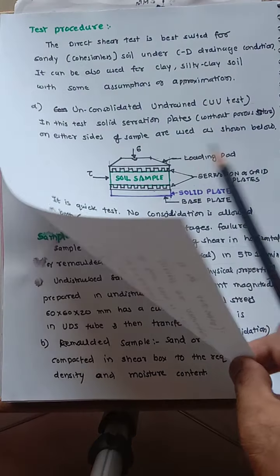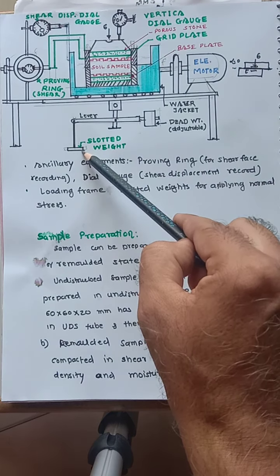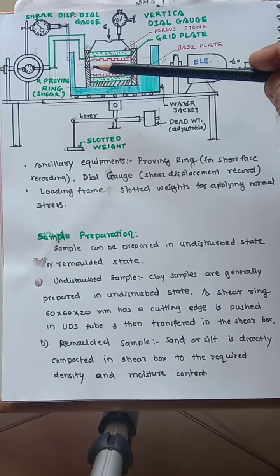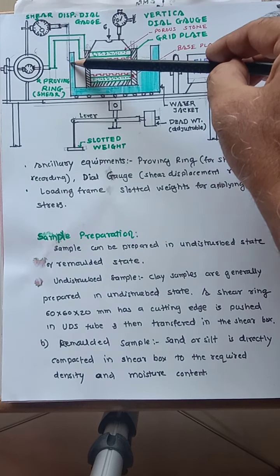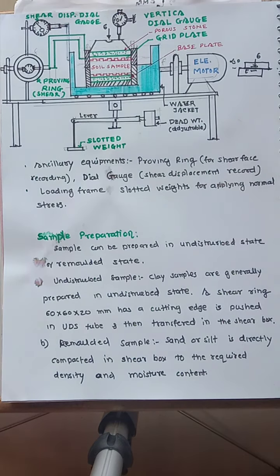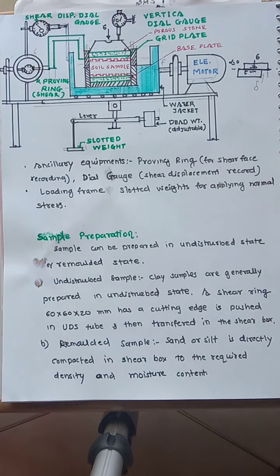For example, a sample is placed here. First normal stress applied is 0.2 kg per cm square. Then shear is applied, okay. So this box will move, and shear force is recorded here. Displacement of this outer box, which actually indicates this delta, okay, is measured here.